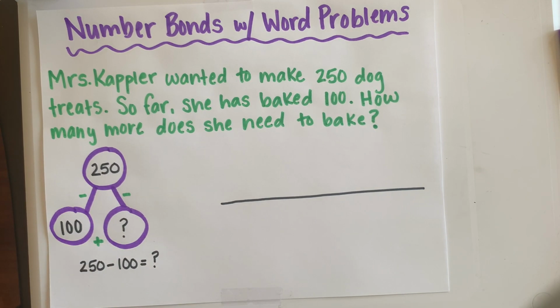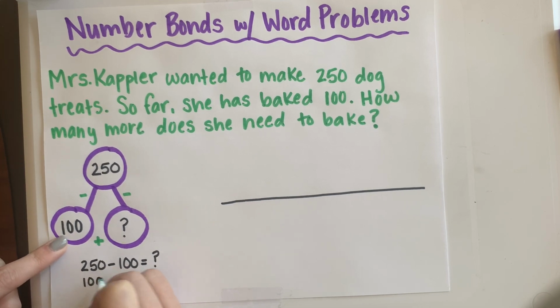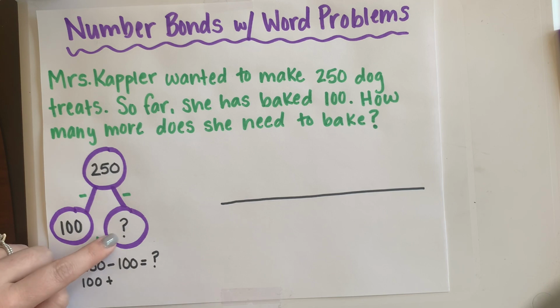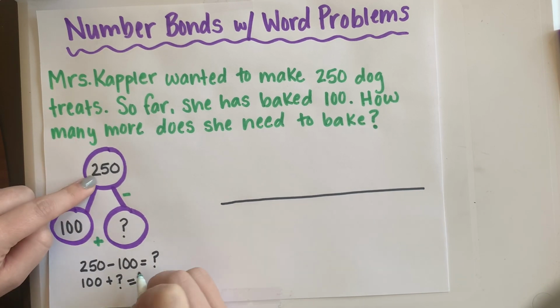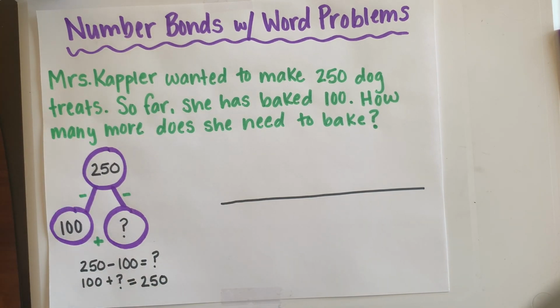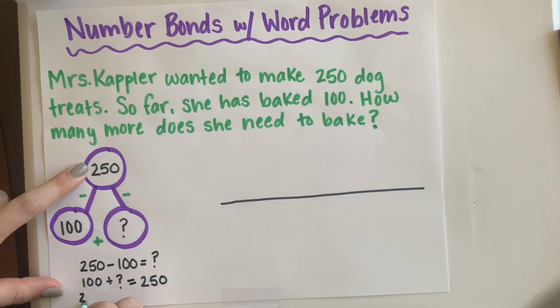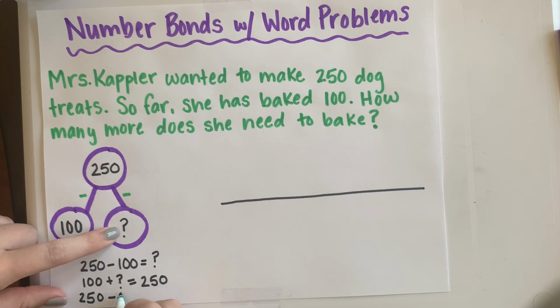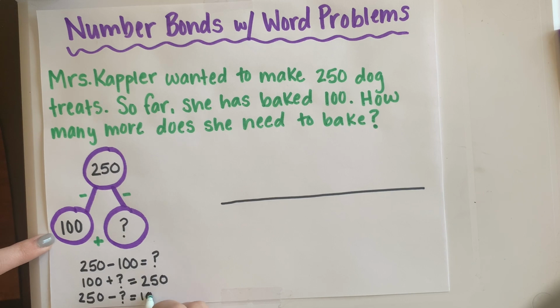A second way could be 100 plus something I don't know would equal my 250. And one final one maybe I could do is 250 minus something I don't know would equal my other partner.